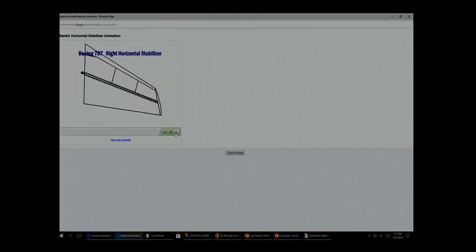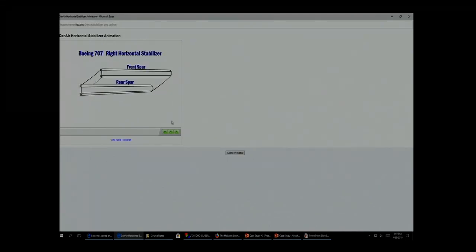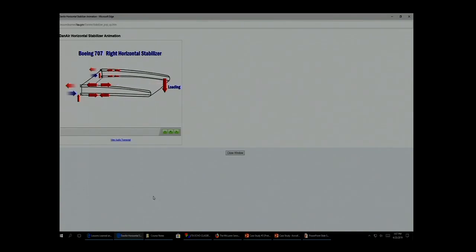The horizontal stabilizer on the Boeing 707 is a box with thin skins on the upper and lower surfaces and heavy spars on the forward and aft ends, identified as the front spar and the rear spar. The flight loads carried by the horizontal stabilizer result in downward loading on the structure. This downward loading on the stabilizer is reacted in 2 ways. First, the vertical loading is reacted at the attachment loads of both the front spar and the rear spar.